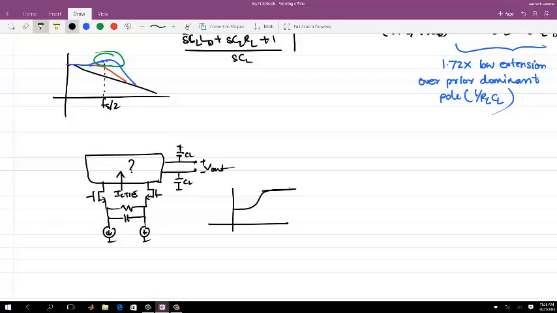I need a large gain from V out to ICTLE. The ideal requirement is V out by ICTLE: I want a large DC gain so that the signal is amplified at the output.